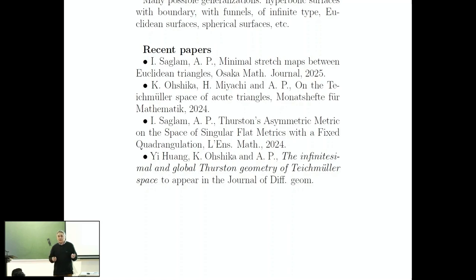Meaning, can you describe shortest paths from one triangle to another triangle? It's a path constituted of a family of triangles, but it's the shortest path among all the paths that I can draw between the two triangles.